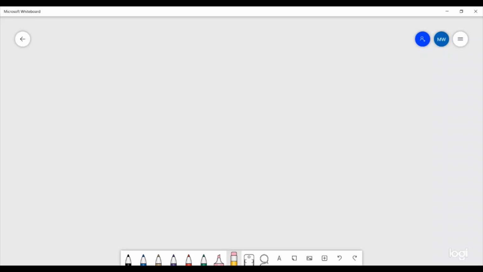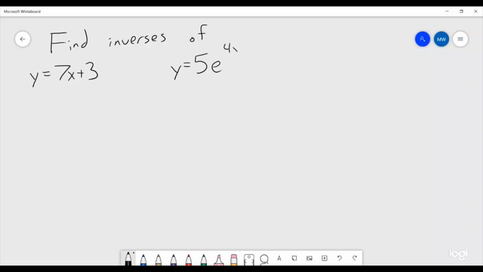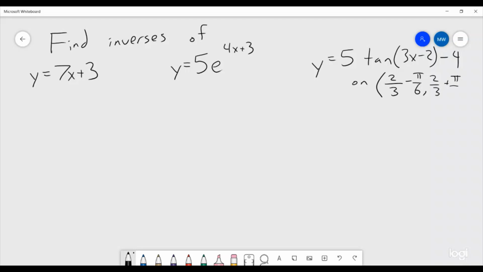So, find the inverses of y equals 7x plus 3, y equals 5e to the 4x plus 3, and y equals 5 tangent of 3x minus 2 minus 4 on the open interval 2/3 minus pi over 6 to 2/3 plus pi over 6.